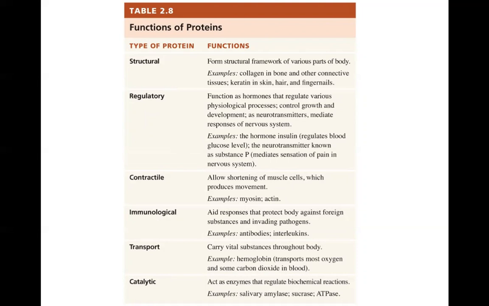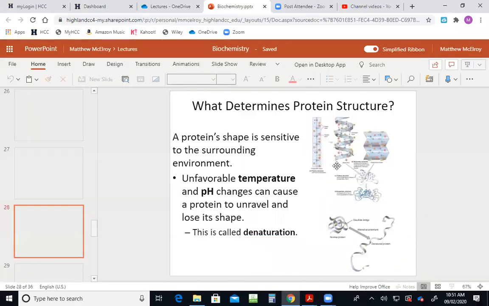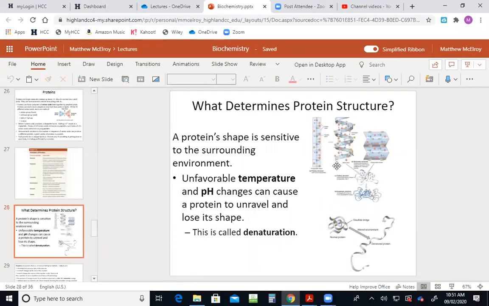Hemoglobin is a transport protein in our blood that carries oxygen. And something we're going to talk more about on Friday is how proteins can act as catalytic enzymes. In other words, they speed up chemical reactions. So we'll pick up with protein structure on Friday. Got a couple more slides on proteins, and then we'll move on to nucleic acids.